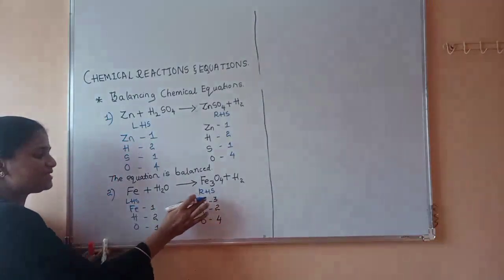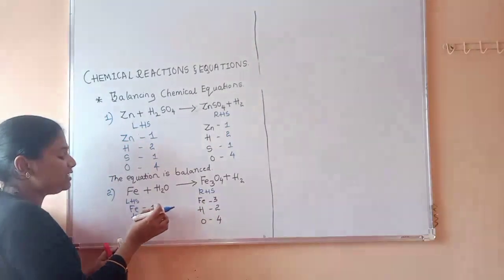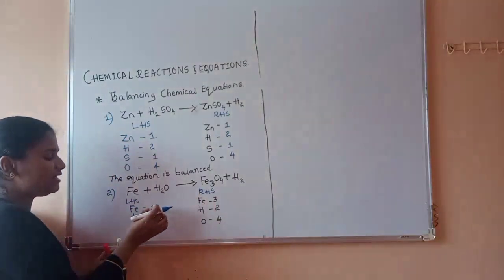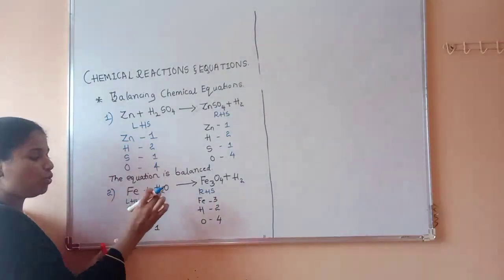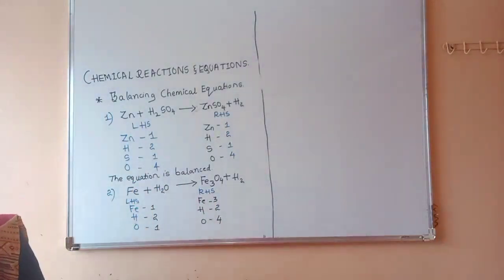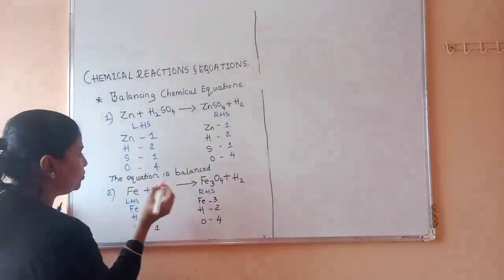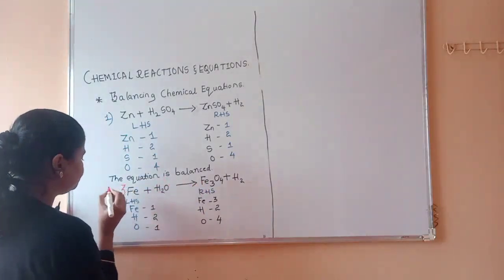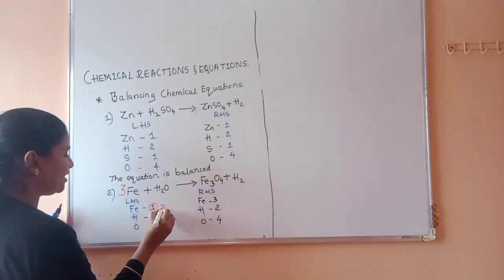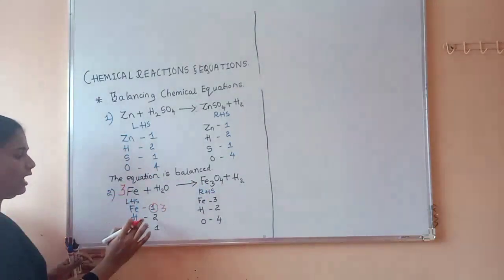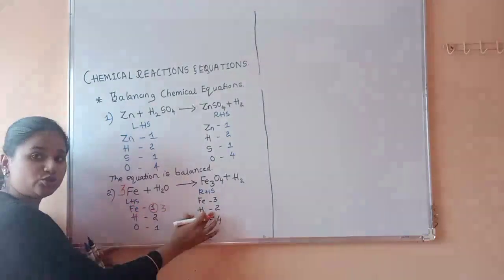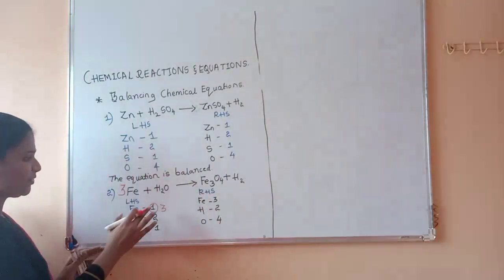Let us balance Fe first. Iron atoms are 3 here and 1 here. So I am going to write 3 here. So Fe became 3. Hydrogen is 2 and 2, already balanced.